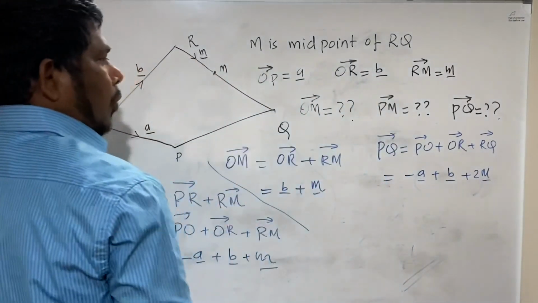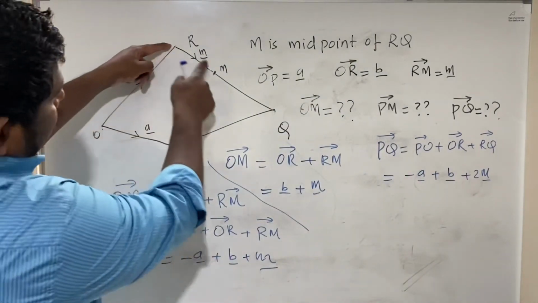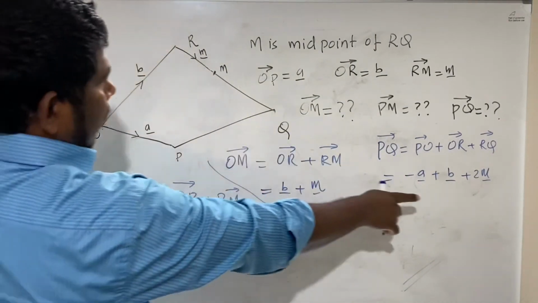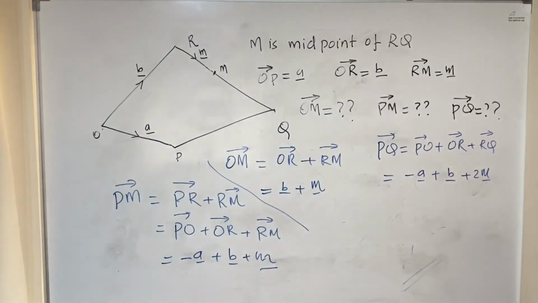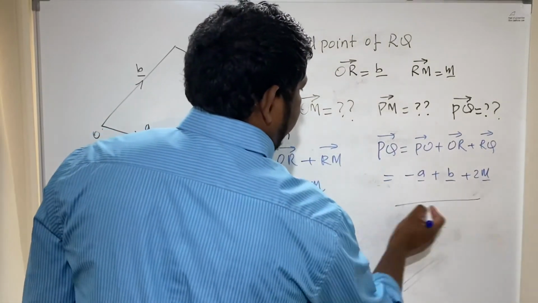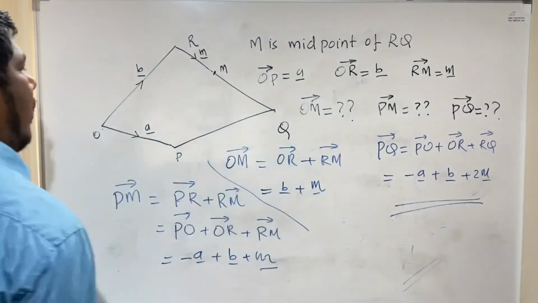It's a positive 2M, not negative, because it's the same direction, so it's positive 2M. This is the answer for the PQ.